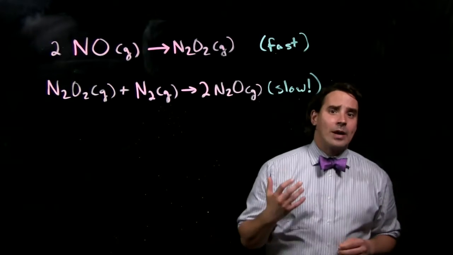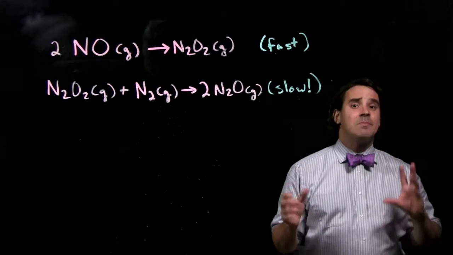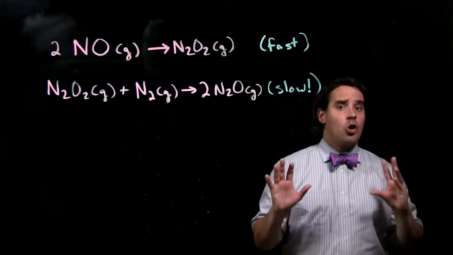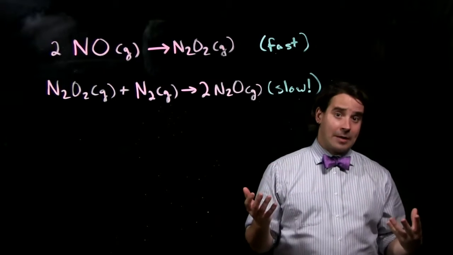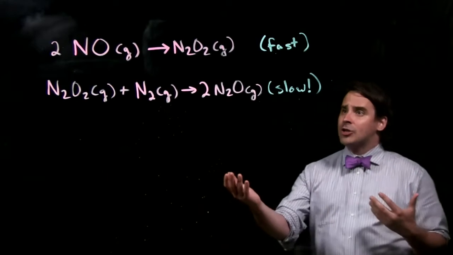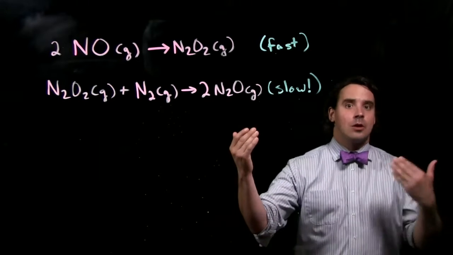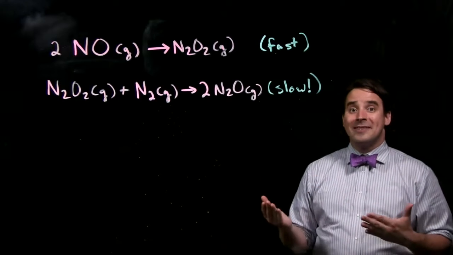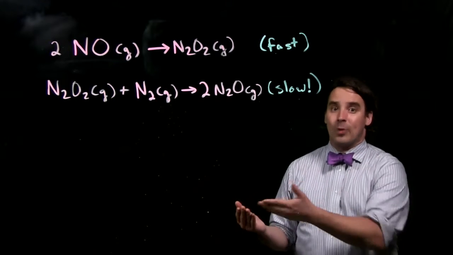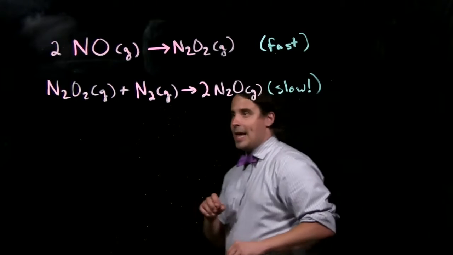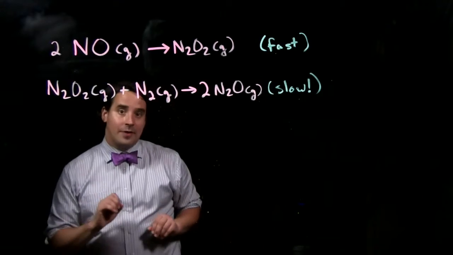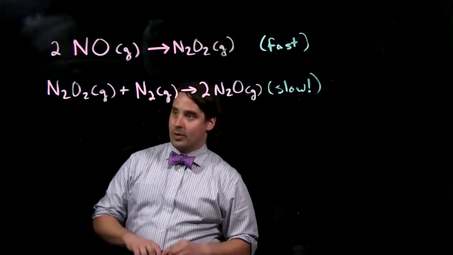Now then, when determining a rate law for a reaction using a mechanism, the most important step to hone in on is the slow step, or the rate determining step. A reaction can only proceed as fast as its slowest step, which is why that slow step is going to dictate the overall rate law of the reaction. So we can write a rate law based off of the slow step, and that's exactly what we're going to do.